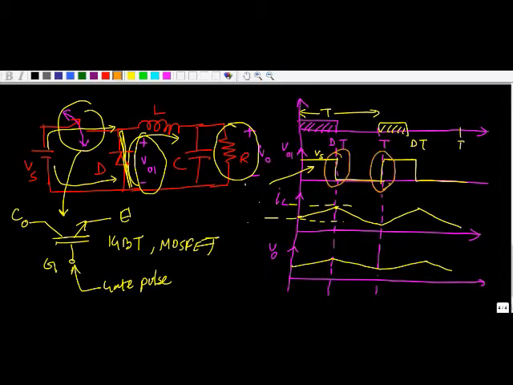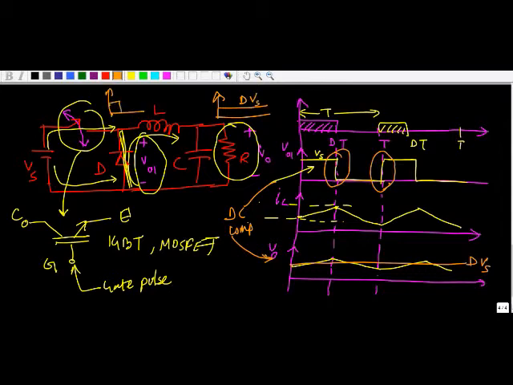So what will pass through the filter is nothing but the DC component of this waveform. The DC component will pass through the filter and appear as the output voltage. That is nothing but D times Vs. So we will get a pure DC voltage at this point, whose value is D times Vs, and we will get a ripple voltage at this point, that is like this. So I hope your doubt is cleared.